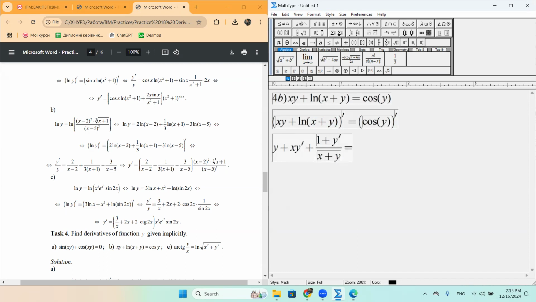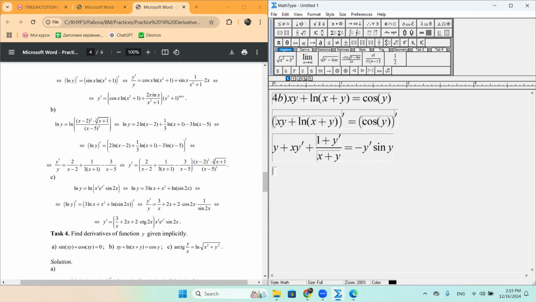Now moving to the right part. Firstly, differentiating the outer function cosine, and it will be minus sine of y multiplied by y prime. And now again, doing the same that we did in the first part.